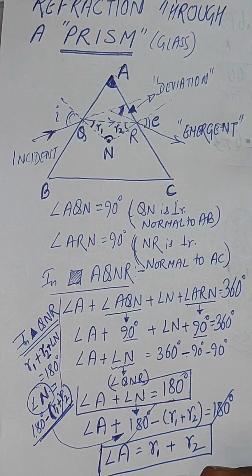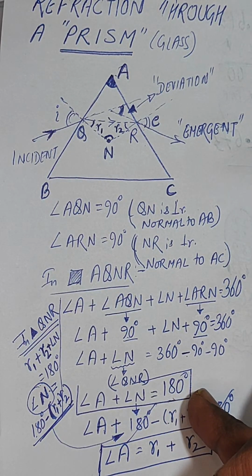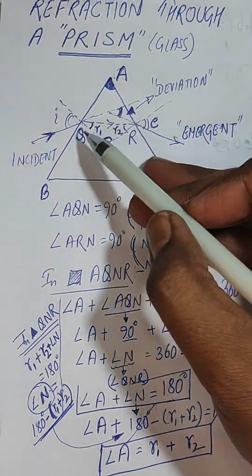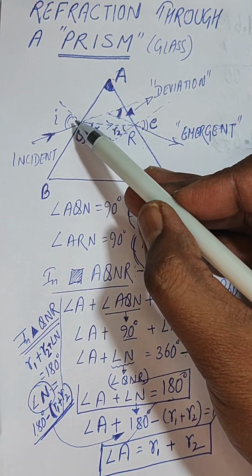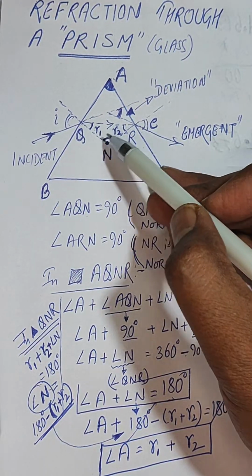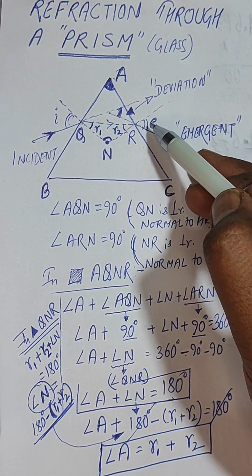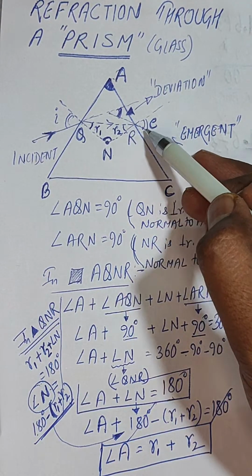Now, if you see, the total deviation is the sum of the deviations of the two surfaces. So what is the deviation over here? It is equal to I minus R1, and the deviation over there is E minus R2, right?